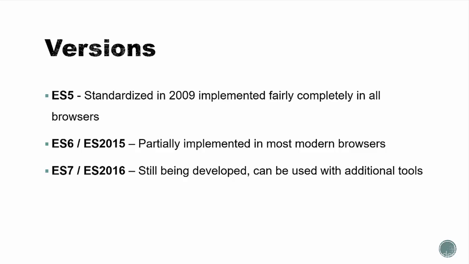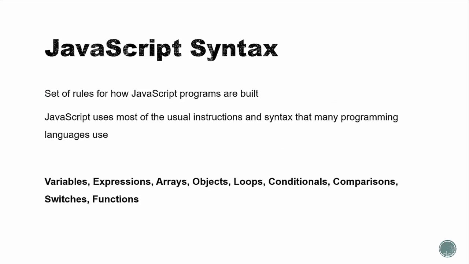And then ES7 or ES 2016 is the most recent version, but it's still in the works. And again, you would need to implement other technologies to compile it down to either ES5 or even ES6. All right, so now we're going to take a look at some of the JavaScript syntax. I'm going to go through some of the syntax very, very briefly, but we will get into more of it as we go along.